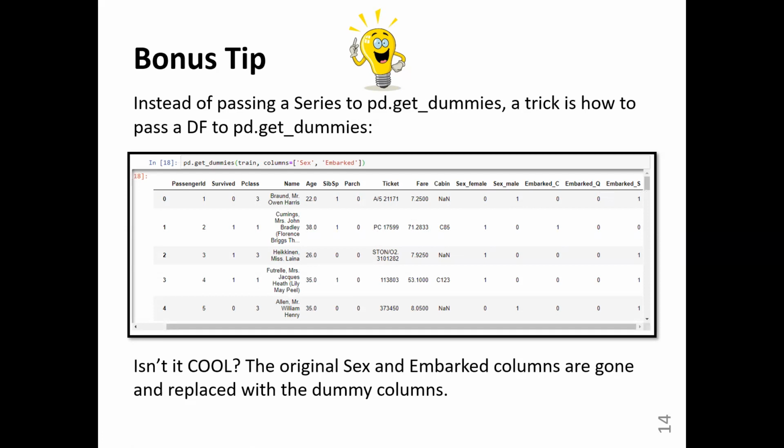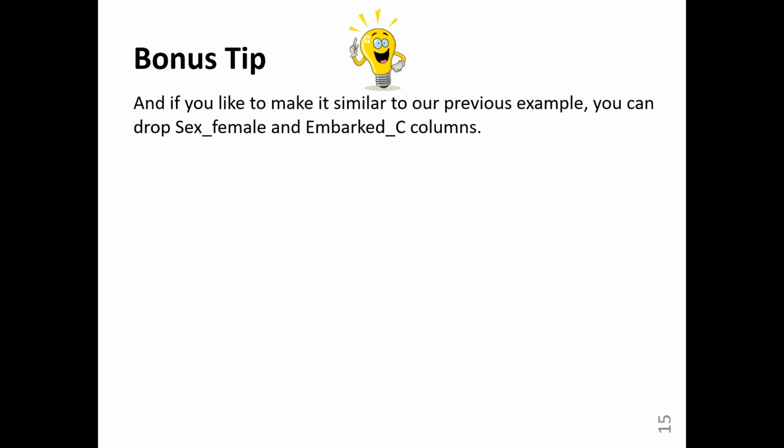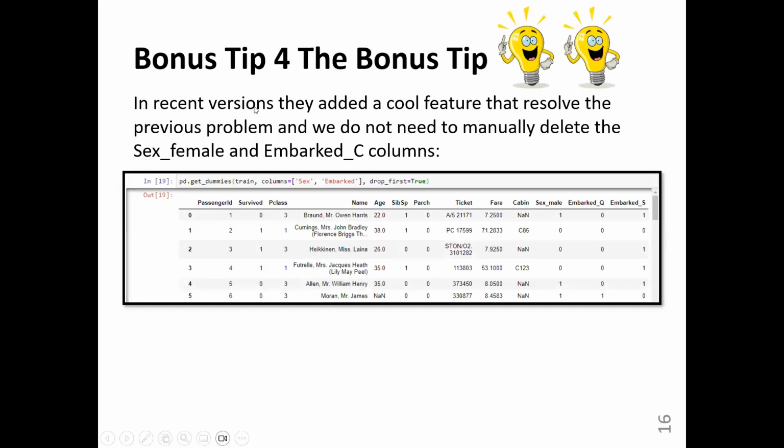And you may say, Reza, now it is easy. I can just say dot drop and drop the columns. I know the instructions, right? You just need to say drop 2 times and you get rid of those 2 unwanted columns. But even better news for you, and that is why I said bonus tip, you can simply say drop first equal to true.